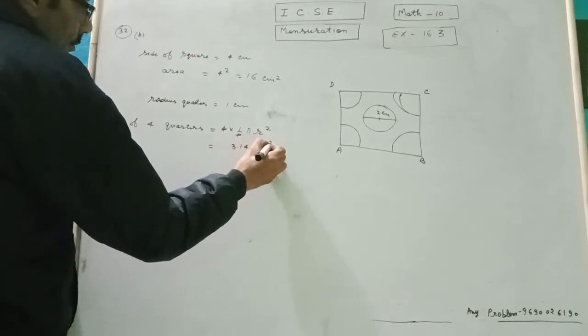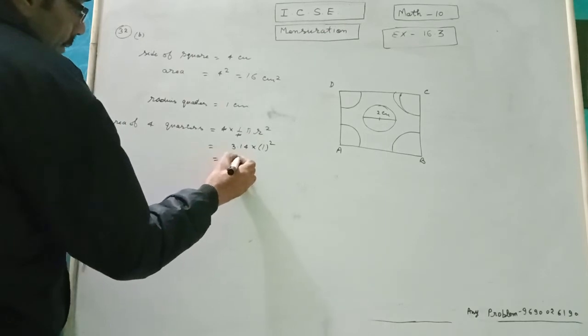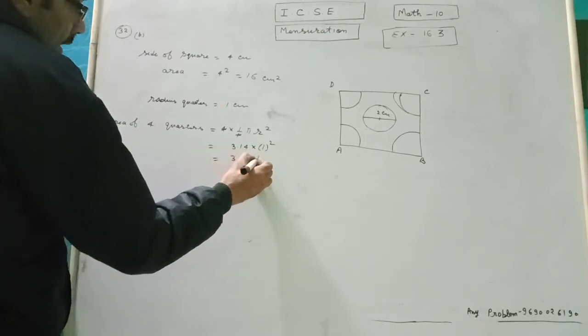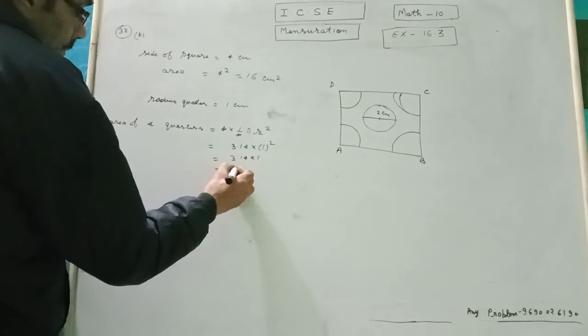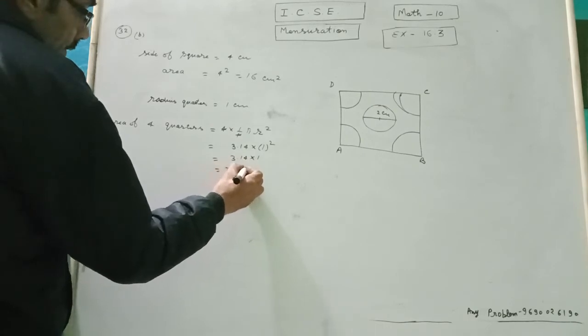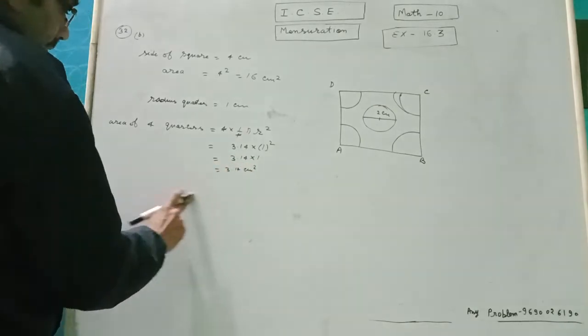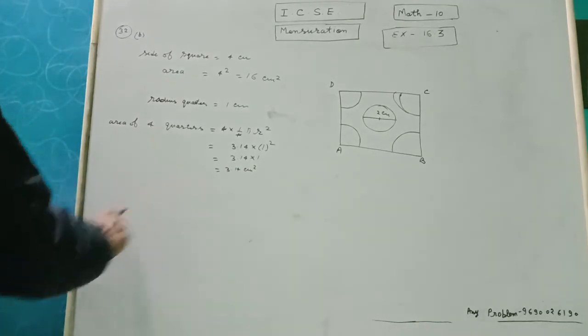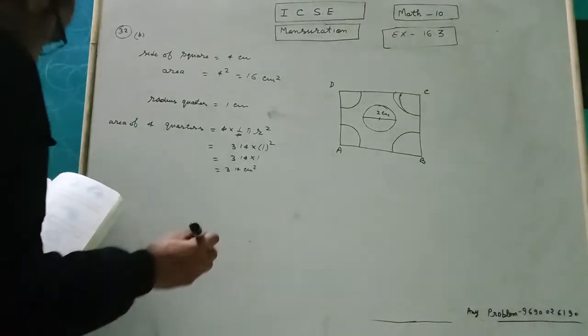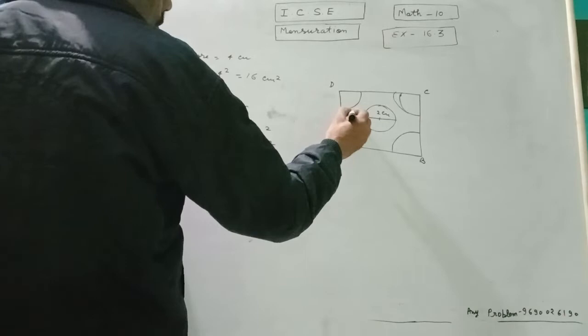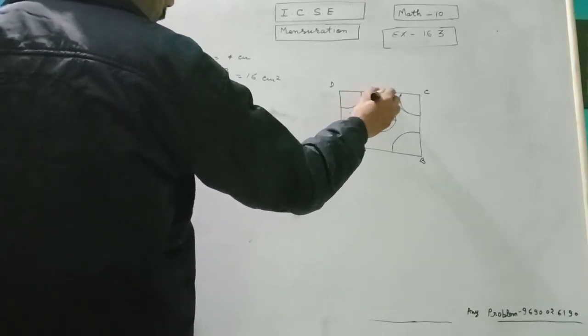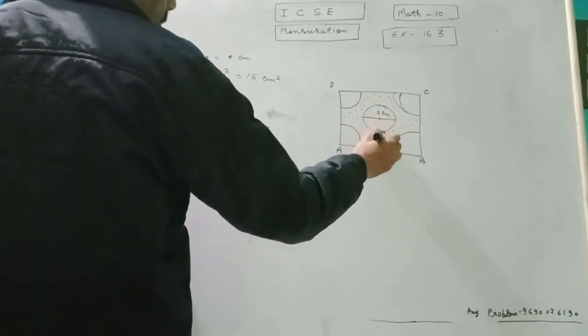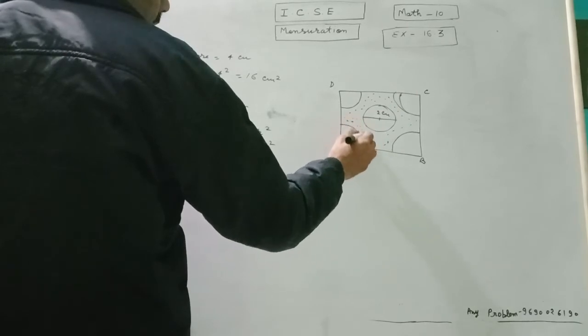R value is equal to 1. 3.14 into 1 square is 1, 3.14 cm square. 4 corners without shaded. We find the area of shaded part.